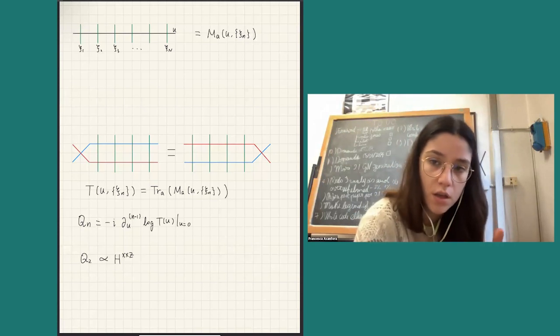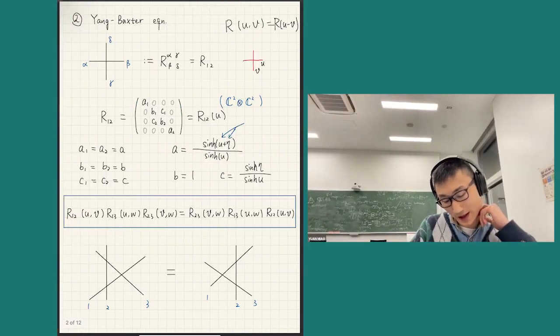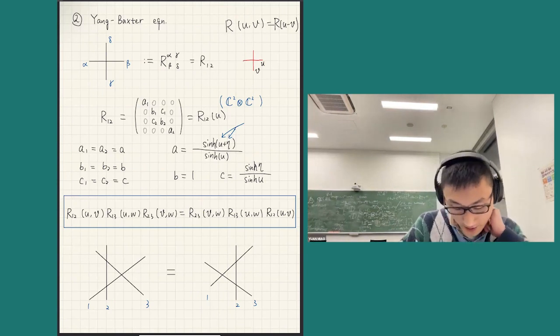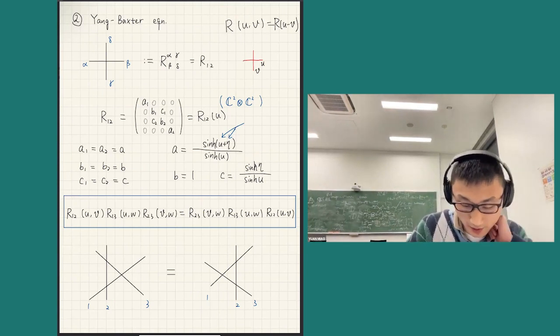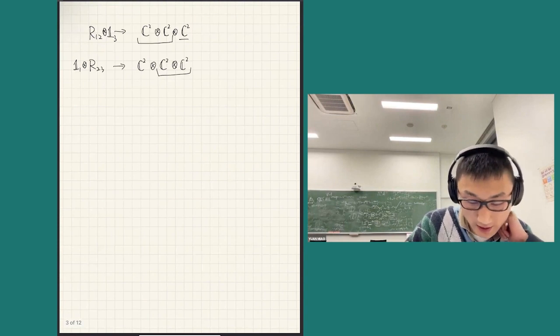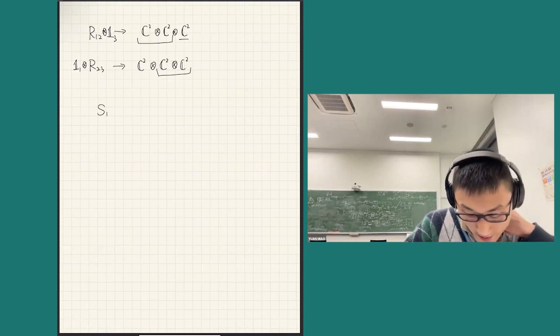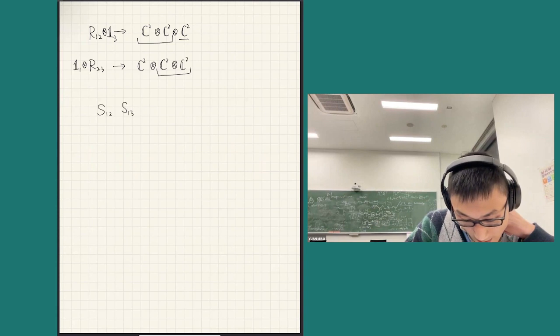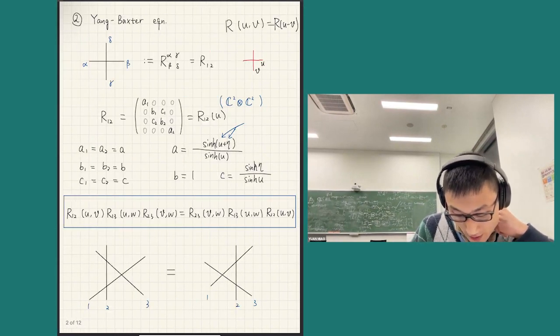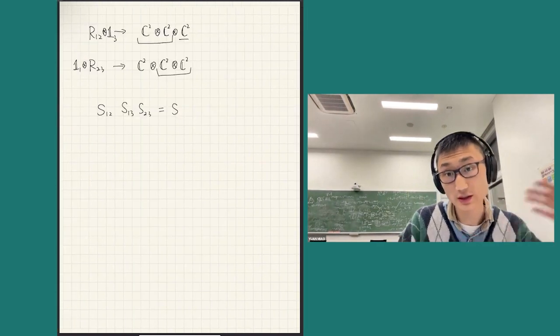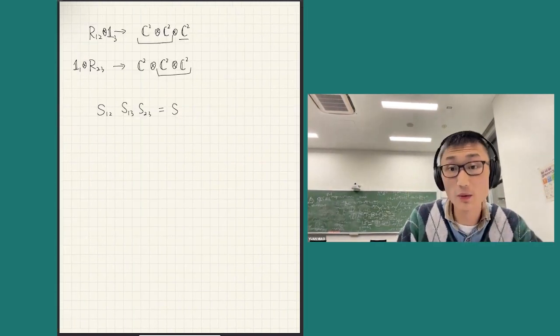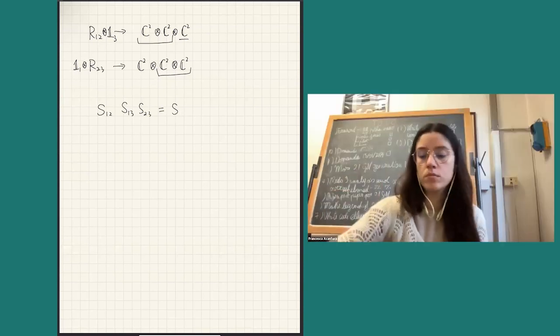Yeah, so, okay, here I'm a bit abusing the notation, but in principle, instead of these R's, you can think of this as S. And in the meantime, all these U and V here, you can think of as basically the rapidities or the momenta of the particles.